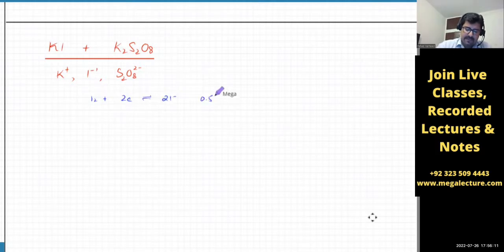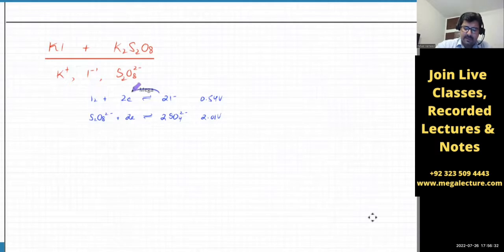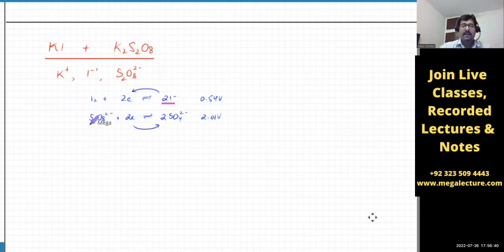The other one is S2O8 2 minus plus 2 electrons giving 2SO4 2 minus, and that was 2.01 volts. Lowest loses electrons and the highest gains electrons, and I have both things. I have I minus 1 losing electrons and S2O8 gaining electrons.